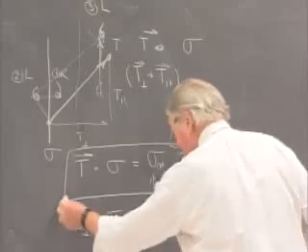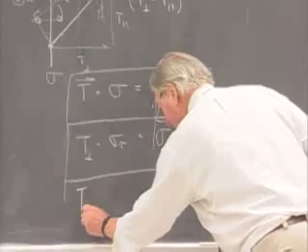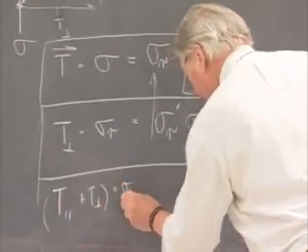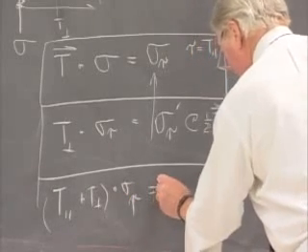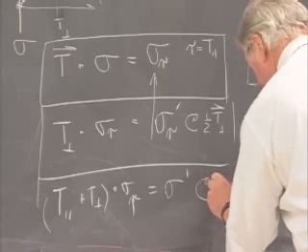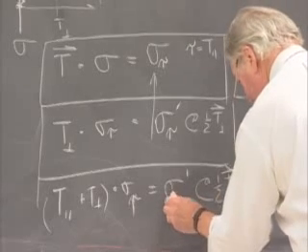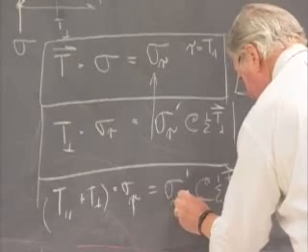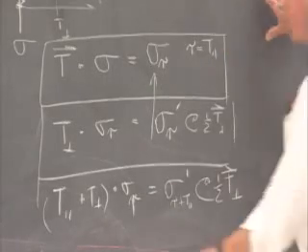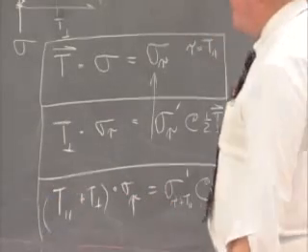And the complete generalization would be to say if I have a translation that has a parallel part and a perpendicular part relative to the glide plane, what I will get is a new glide operation sigma prime that's located at 1/2 of the perpendicular part of the translation from the first, and it will pick up a glide component that's equal to the original tau plus the part of the translation that's parallel to the glide plane. So this now is this theorem involving translation and reflection type operations in its most general form.